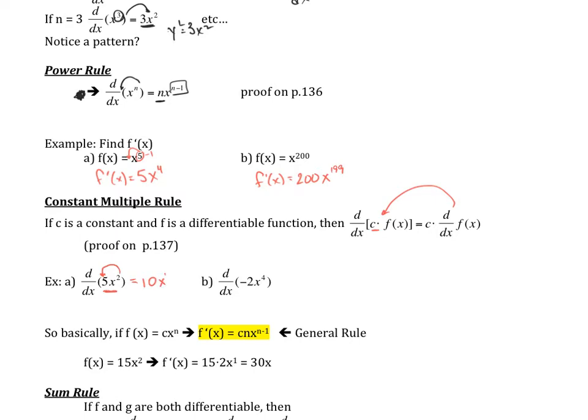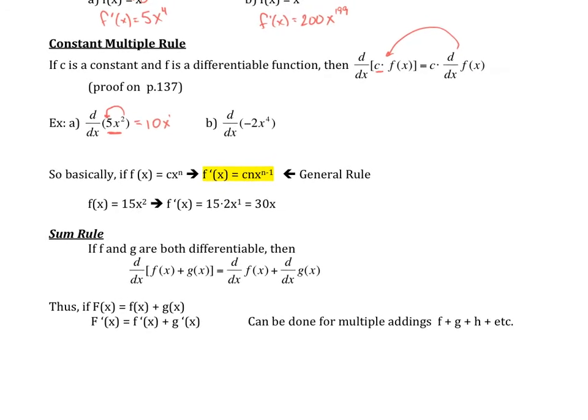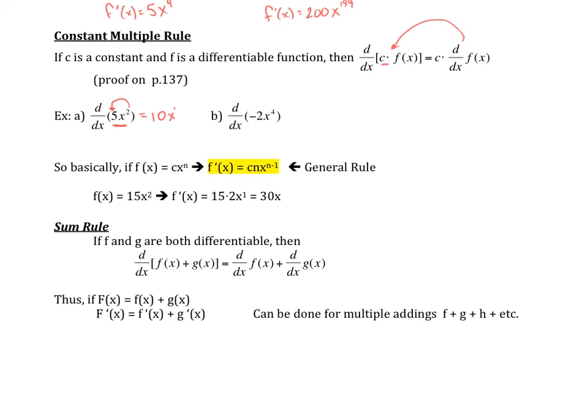Okay, then the next one, the derivative with respect to x of negative 2x to the fourth. When I take this derivative, I multiply that 4 by the negative 2, I'll get negative 8x, and then I bring this down a power by subtracting 1 to the third. So that's how we do these two problems.